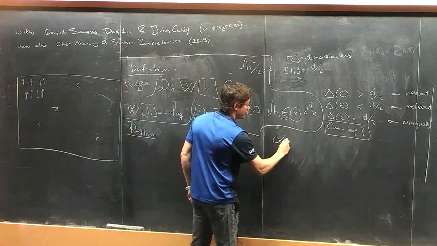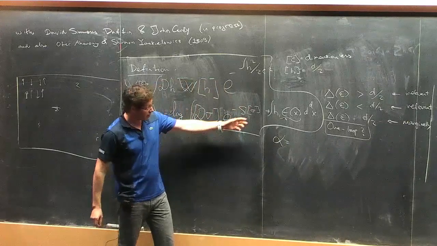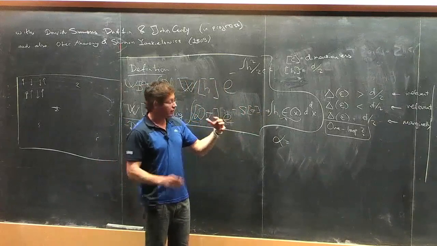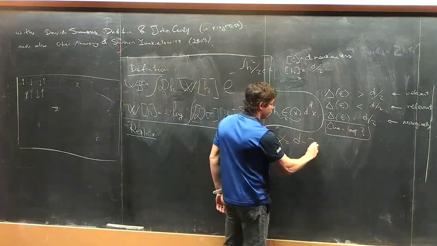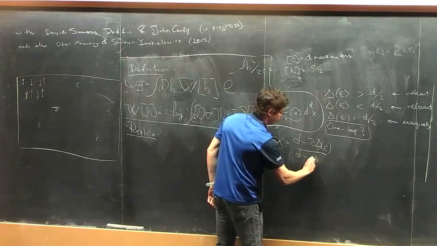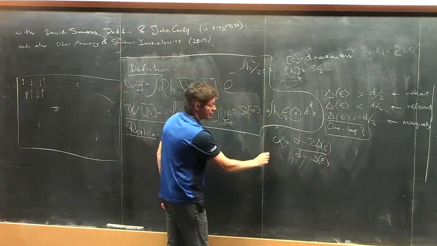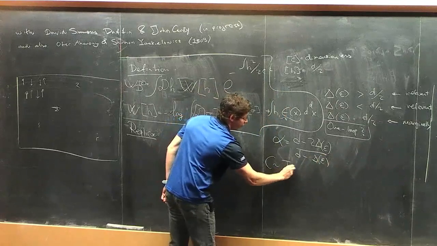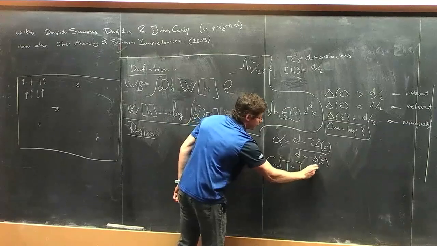Because if you remember, the heat capacity exponent for the Ising model in d dimensions is given by (d minus 2 delta of epsilon) over (d minus delta of epsilon). That's the exponent that appears when you measure the heat capacity, T minus Tc to the power minus alpha.